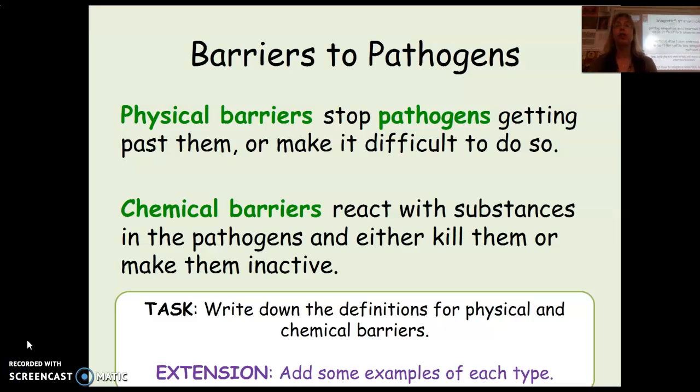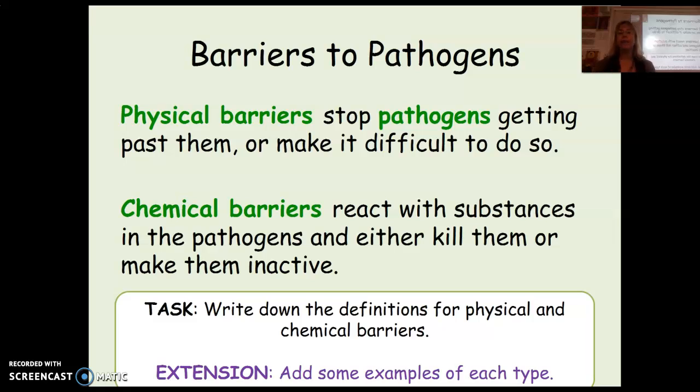Okay, so there are two different types of barriers to pathogens that we need to be aware of. The first one is physical and the second one is chemical. So physical barriers actually stop the pathogens from getting into our body in the first place. So for example, that castle, the walls and the castle itself was made in such a way to stop any warriors getting inside the castle, and our body is made in the same way.